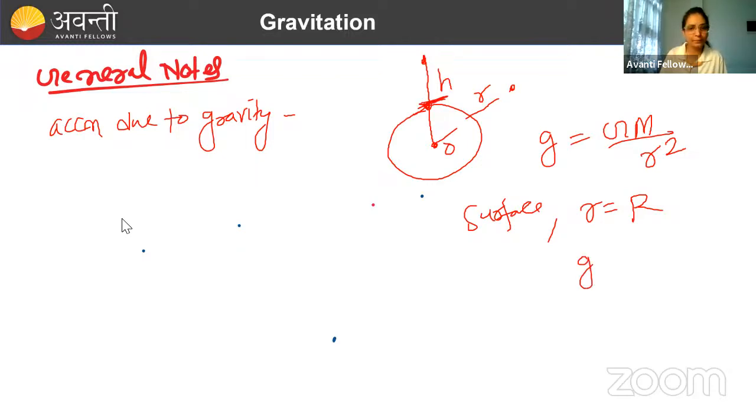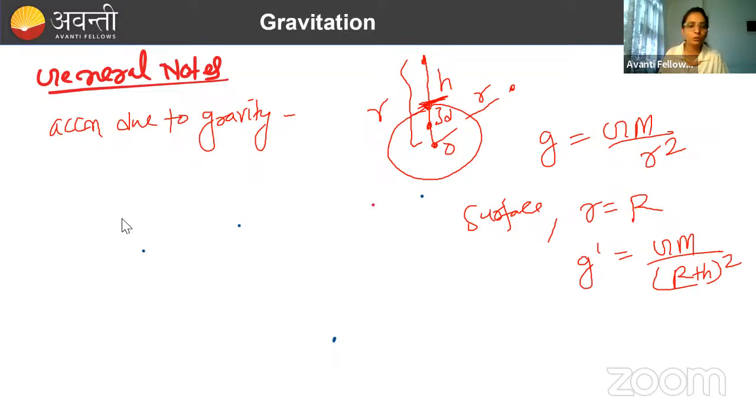Then you must have written g as GM by (R plus h) whole square. Overall, if this is given as a small r, we can say GM by r square. Again, at any point beneath the Earth, that is at depth d, if we have to calculate acceleration due to gravity, the formula is the same, na.